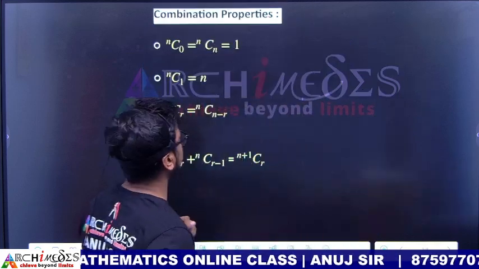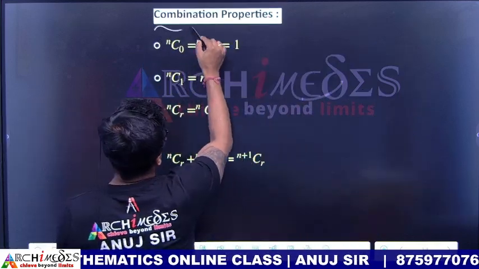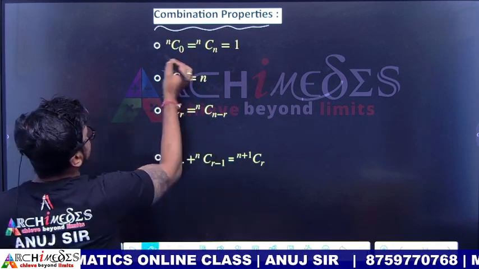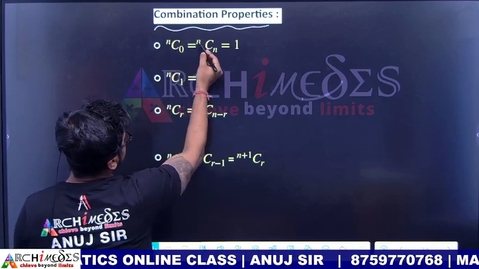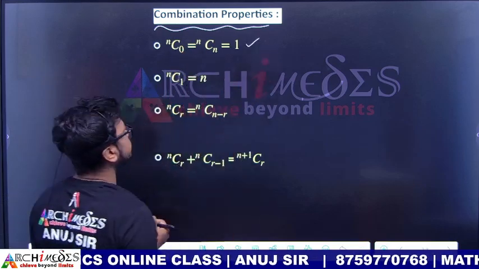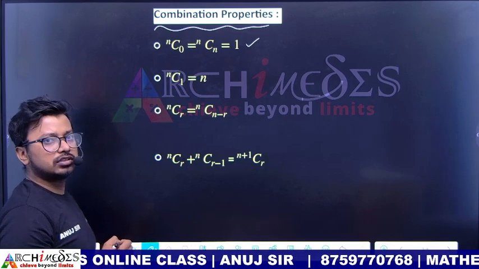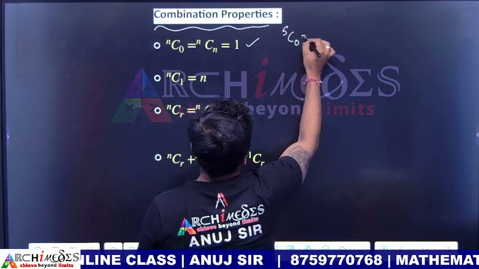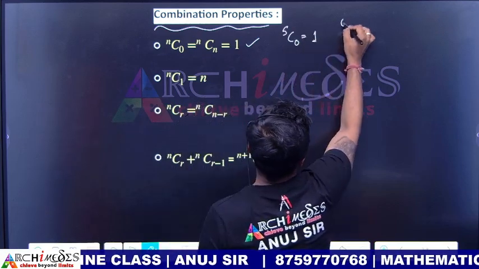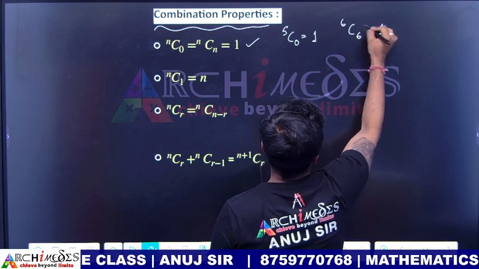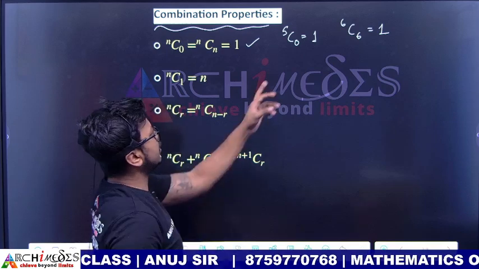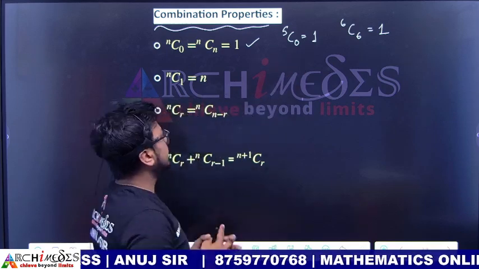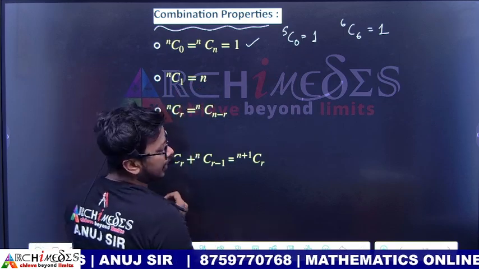So now listen carefully. Now the combination properties that you must know here. NC0, or NCN, is what? 1. This you must know. Any doubt? Clear? For example, 5C0 if I write, that is 1. If I write 6C6, it is 1. That means if the top and bottom are the same, it is 1, or if the base part r is 0, then also it is 1, whatever the n value. Next, NC1 is n.